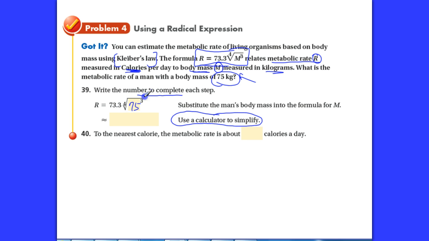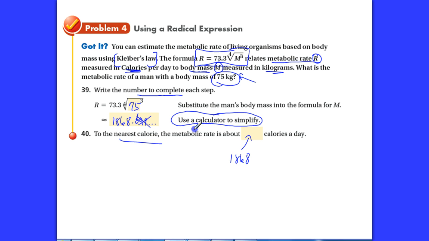If you're having issues on your calculator, you could put all of that in parentheses there, and then see what you come out with. I came out with 1868.099, and there's a whole bunch of numbers. It looks like it's irrational. If we round it off to the nearest calorie, it comes out to be 1868. Round it off to the nearest calorie because that's a 0 right there, which drops the decimal value for us.